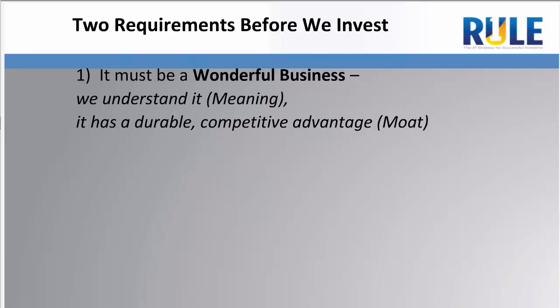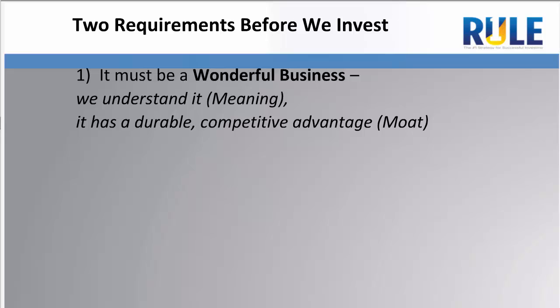And when we understand it, we'll have a pretty good idea that they've got some competitive advantage over their competition. For it to be wonderful from our point of view, it has to have some advantage that's going to protect its customers and its profits from the competition. It's a tough competitive world out there, right?